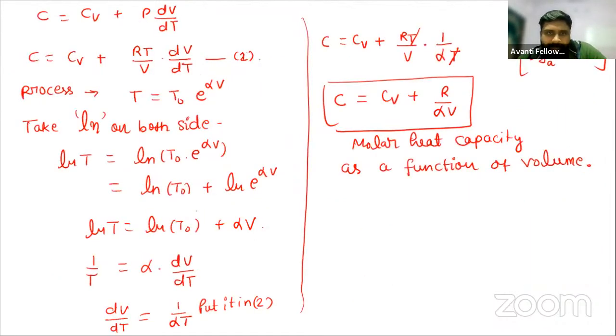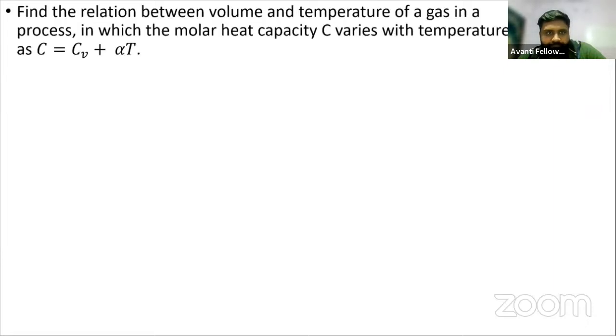Now, this one. Try to solve this one. The same concept we used here, we are going to use in this question. So find the relation between volume and temperature.